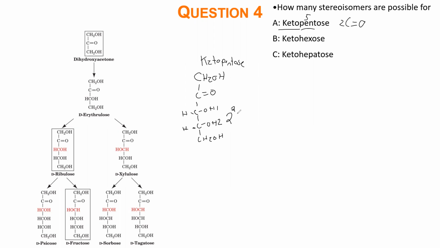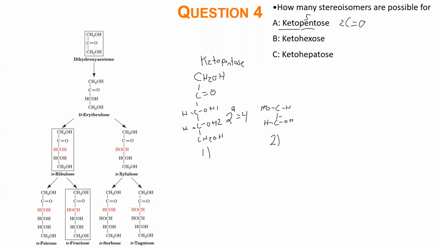So there are 8 different keto pentoses I could draw. I drew one version where both OHs are on the right. Another version is this. So here's one stereoisomer. Here's the second stereoisomer.